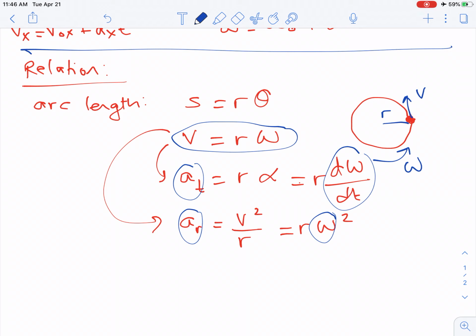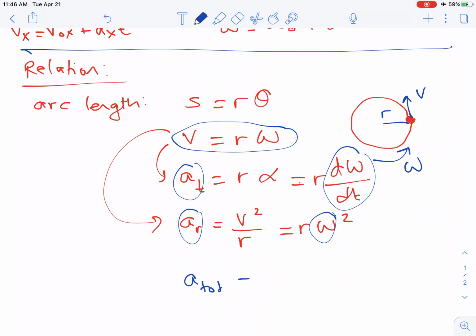And I also mentioned last time in the video when we solved that problem that when they ask you to find the acceleration and they are not specifying whether it's tangential or radial, you cannot assume one of these. You need to assume that it is the total acceleration they're asking for. So what is the total acceleration?